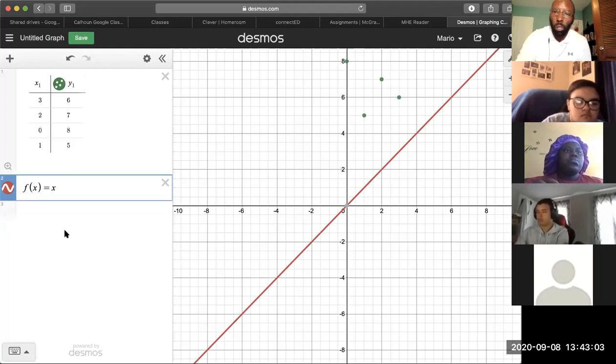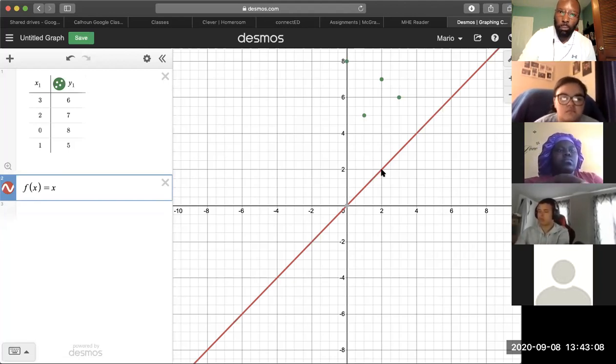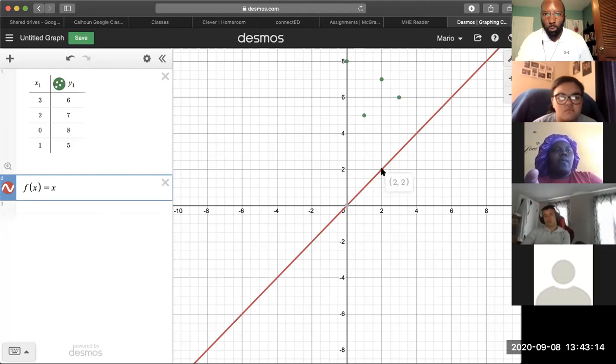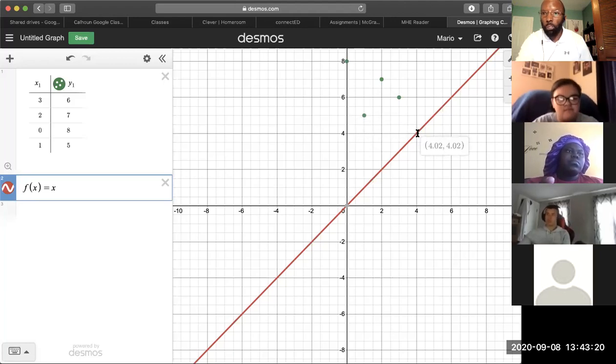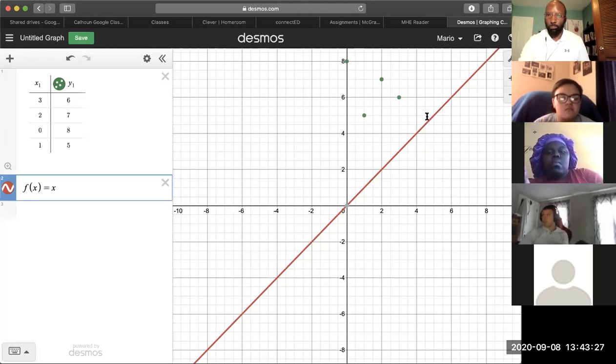With this function, it fits that definition of every input, or every x, has exactly one y value. So no matter what I click, when I look at my x value, there's only going to be one y value that goes with it. So that makes it a function.